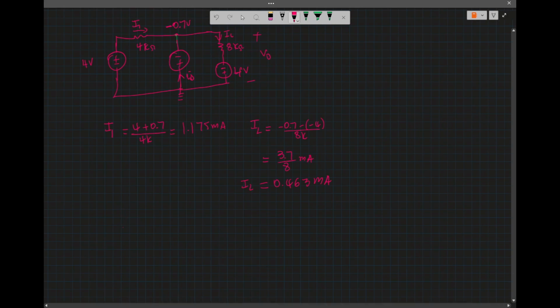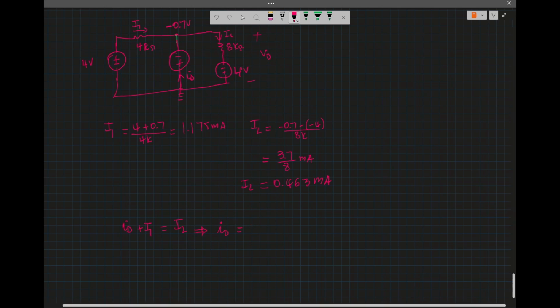So ID plus I1 equal to I load. So ID is equal to the load current minus I1, which is 0.4625 minus I1, which is 1.175 milliamp.